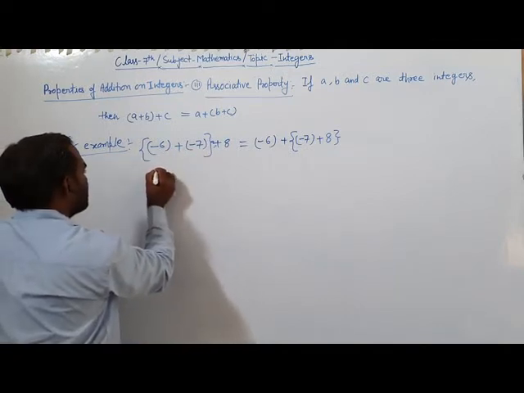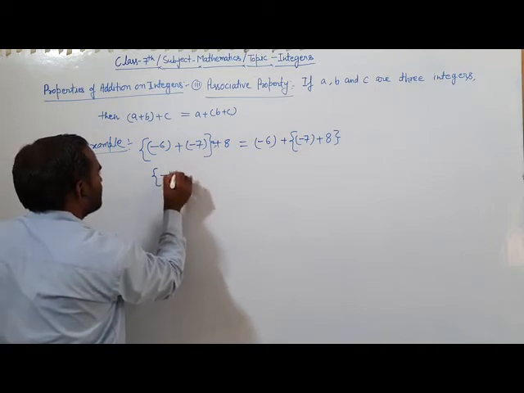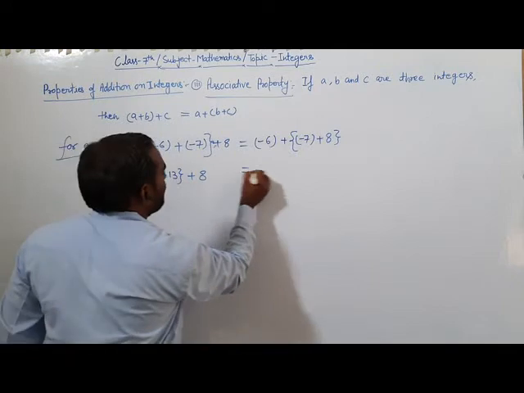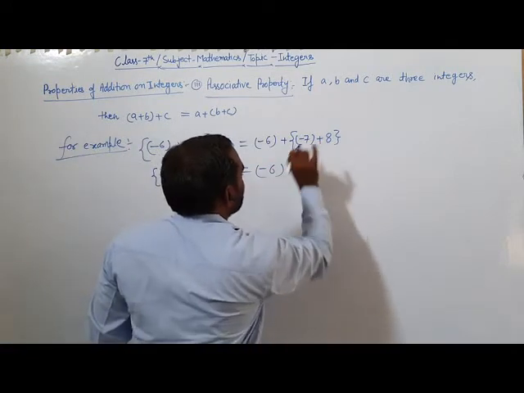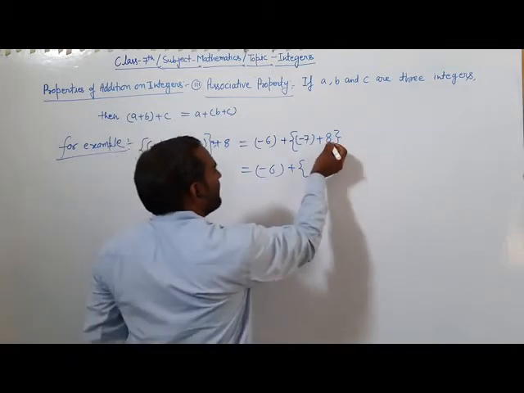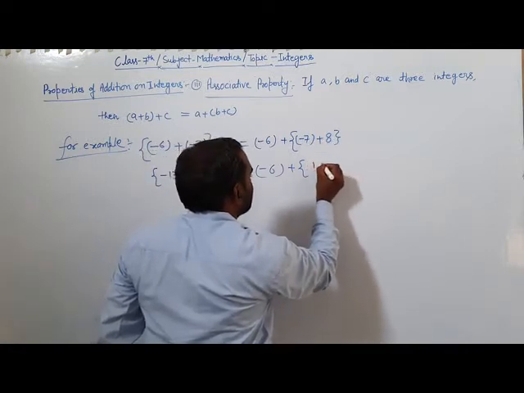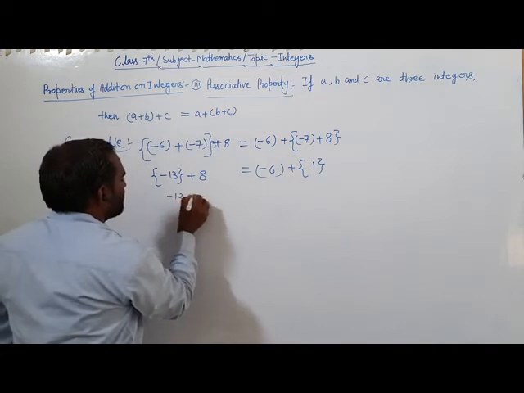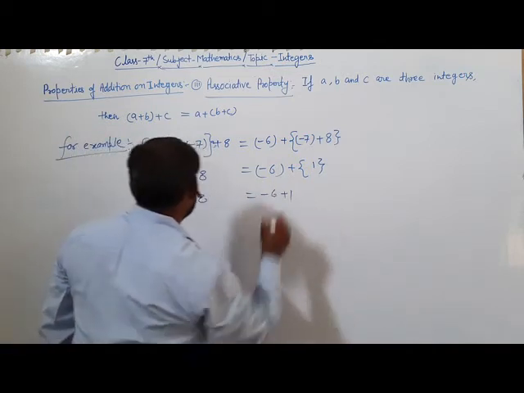Both signs are the same, so -13. -13 plus 8 is equal to -6 plus, here the positive sign, its numerical value is more, so 8 subtract 7 from it, 1. Here -13 plus 8 is equal to -6 plus 1.